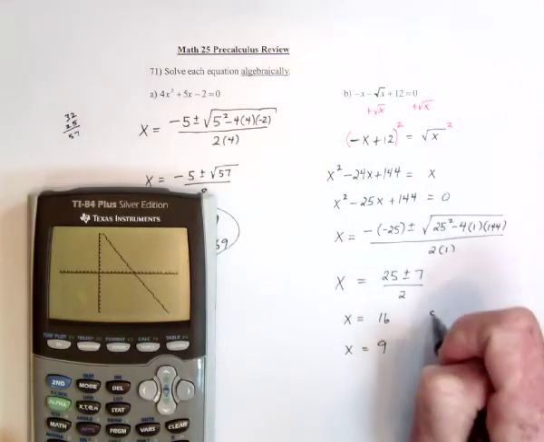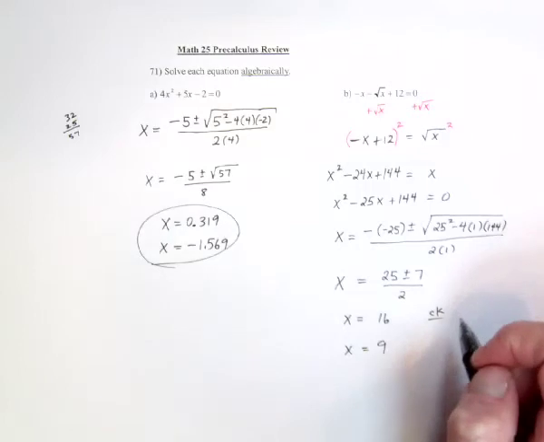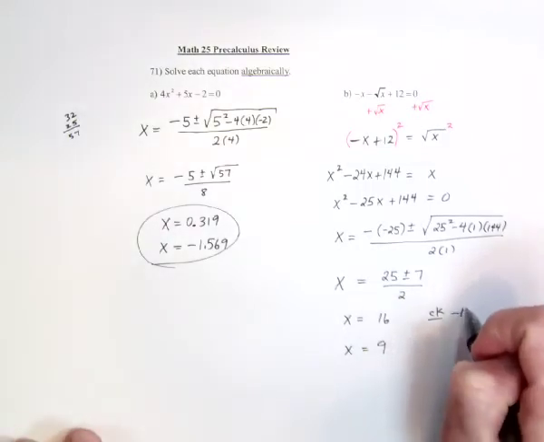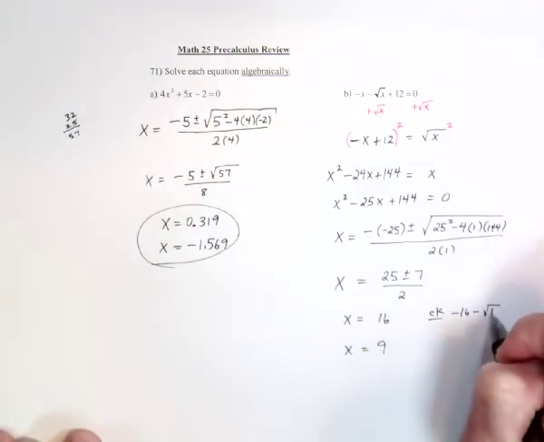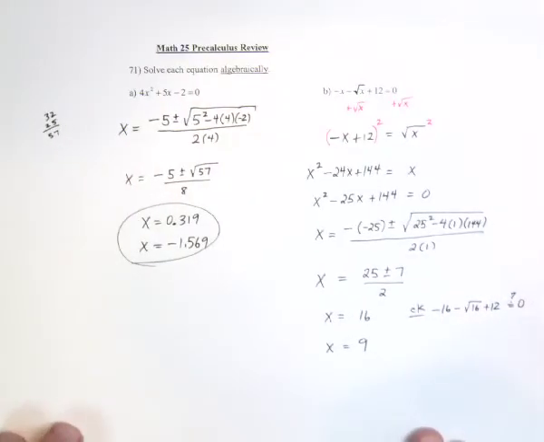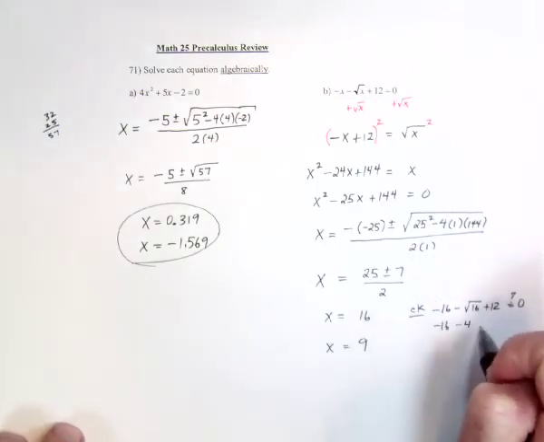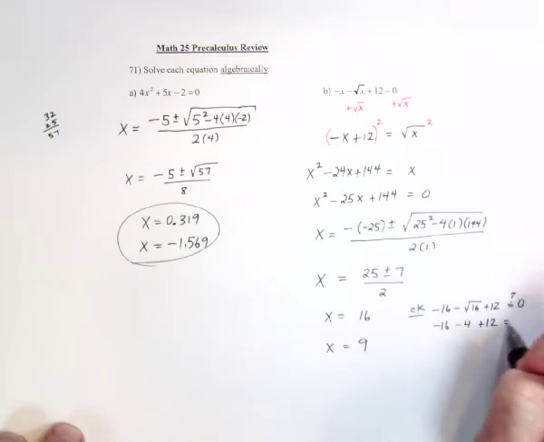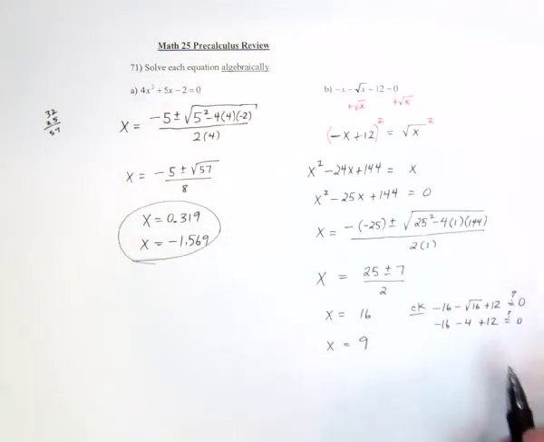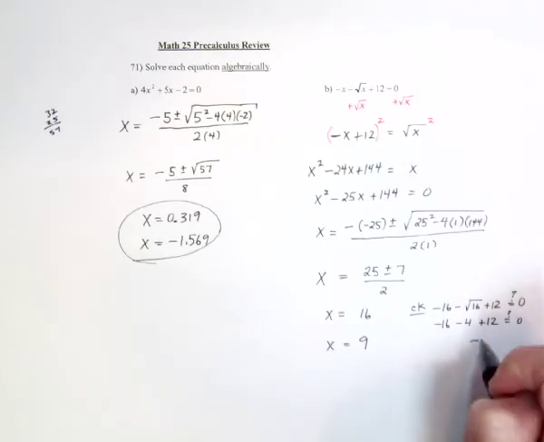So if you check the 16, it's going to be negative 16 minus the square root of 16 plus 12. Does that equal 0? So this would be a negative 16 subtract 4 plus a 12. Does that cancel out and give you 0? This is going to be negative 20, and positive 12 is negative 8.